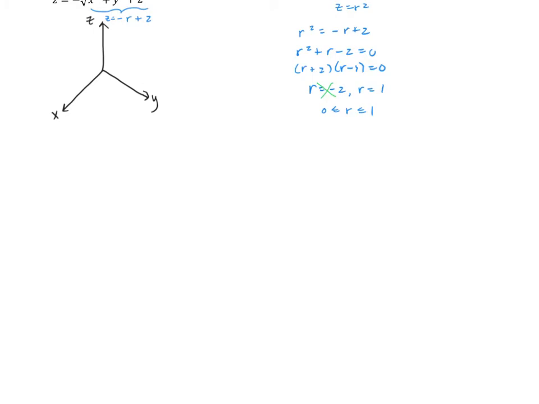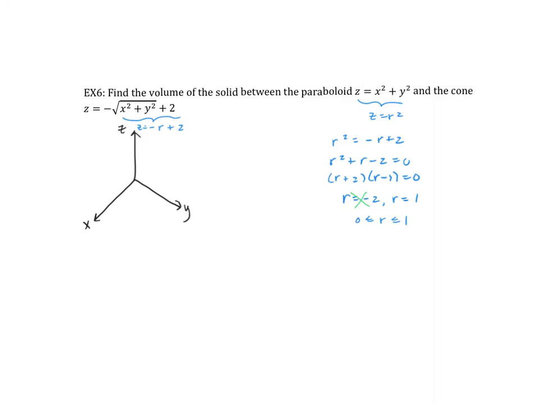And then my theta values, well, let's look at what this is. If I look at z equal to x squared plus y squared, or z equal to r squared, that's a paraboloid opening up. So let me go ahead and sketch that. Vertex is at the origin. Now the other equation is a cone, but since it's a negative r, it's going to open downwards, but it's shifted up 2.